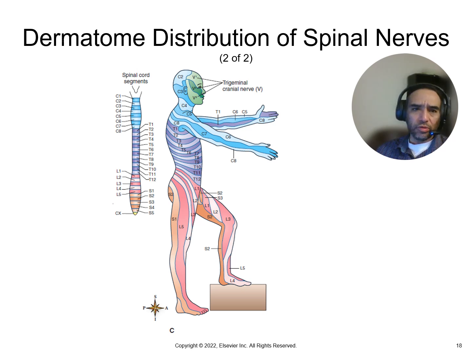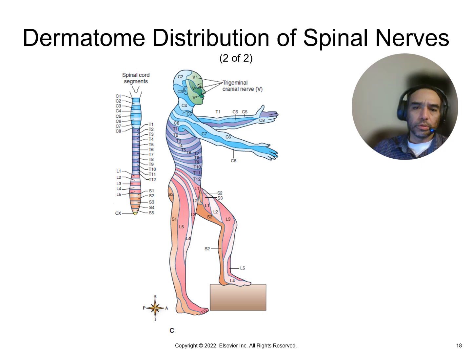And we can break these down. Hopefully you can see the little image to the left of the larger image where you see cervical dermatomes, thoracic dermatomes, lumbar dermatomes, sacral dermatomes, all broken down. The cervical dermatomes, you can see, are broken down from C2 through C8.